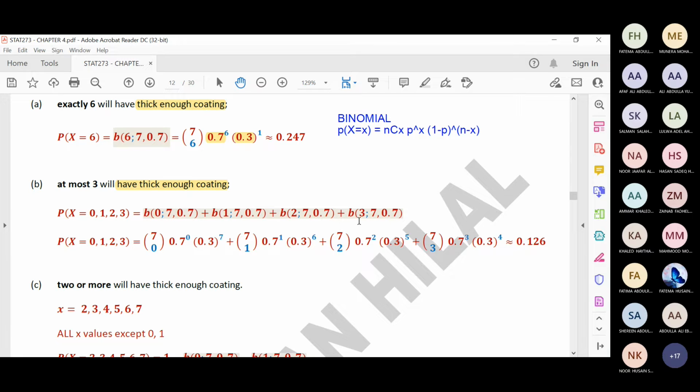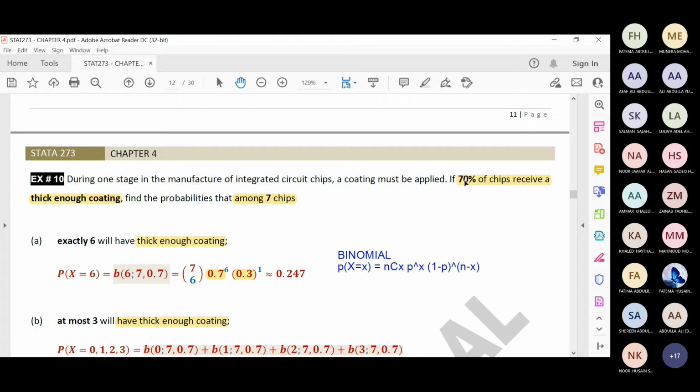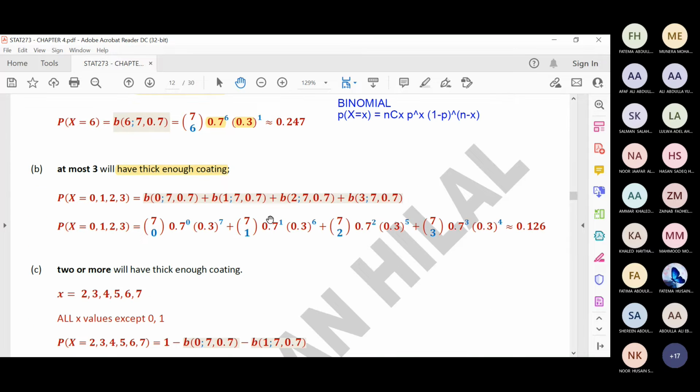But of course, every time we have 7, 0.7. What are these numbers? N and P. Why? Because from the question at the top, we have P 70 which is 0.7. We have N 7 which I know. يعني قيمة ال N وال P ما يتغيرون. مين اللي تغيرون كل مرة؟ تغير قيمة ال X. بس من بداية سؤالك أنت عارف قيمة ال N عارف قيمة ال P ما بتغيرها.